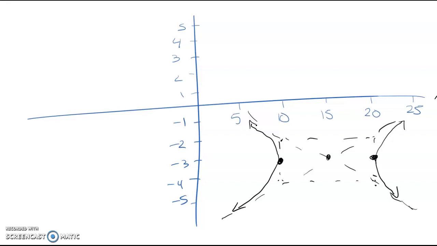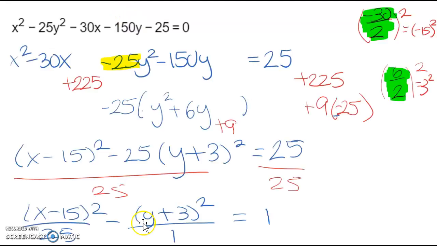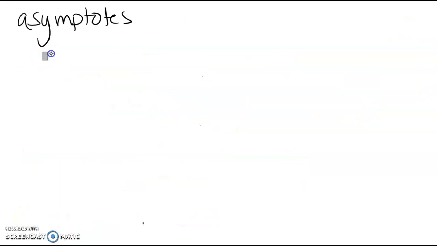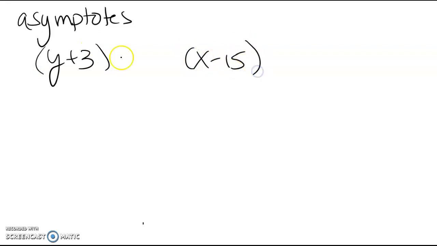In terms of equations, we can write the equations of those asymptotes by looking at the center point, so y plus 3 and x minus 15. I'm using the point-slope formula.